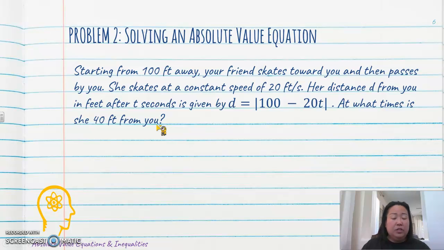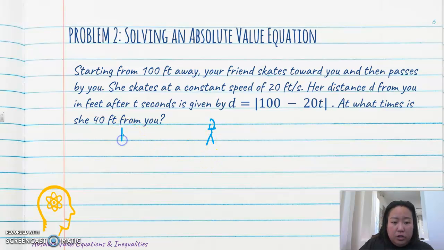Okay? So if we're going to visualize this, let's say that this is you standing over here, okay? And then the question is, at what times is she 40 feet from you? So from you, there are two ways 40 feet could be measured, all right?